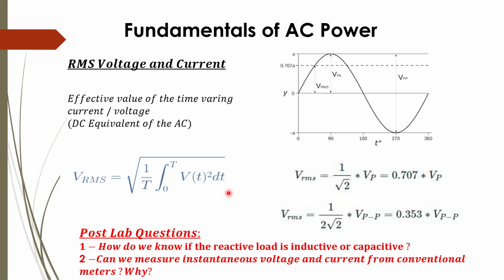So what happens if I apply that conventional pointer based meter, or galvanometer based meter, to an AC voltage and current? What would happen? This is the question.